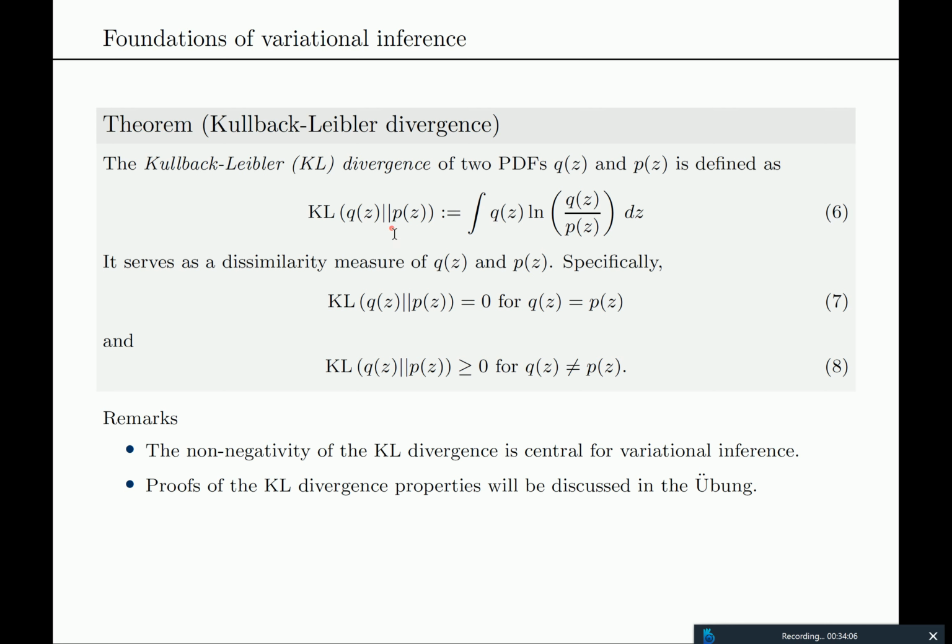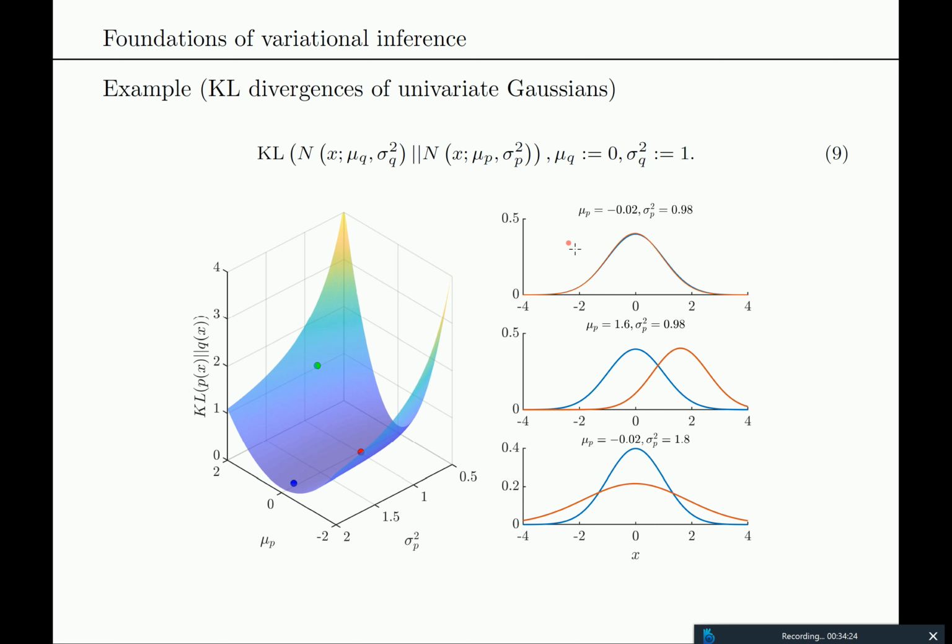Usually when we're dealing with densities, we have formulas for the KL divergences that depend on the parameters of the respective densities. Questions about KL divergence? So the important thing is it's 0 if the two densities that go into it are the same.